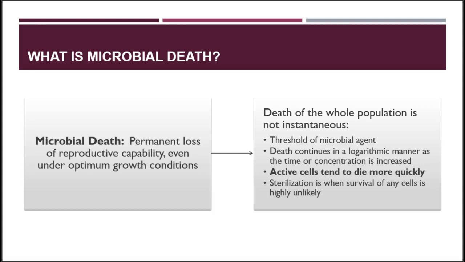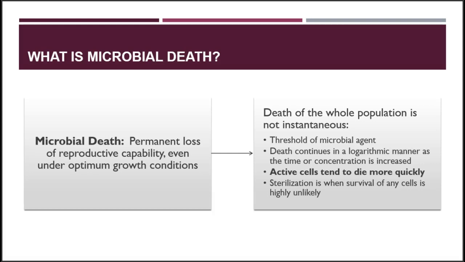Death of an entire population is not instantaneous. Okay, it takes time, and that time depends on the process and the agent, the concentration, the amount of time that the population is exposed. It also depends on the threshold or the level of resistance of the organism.